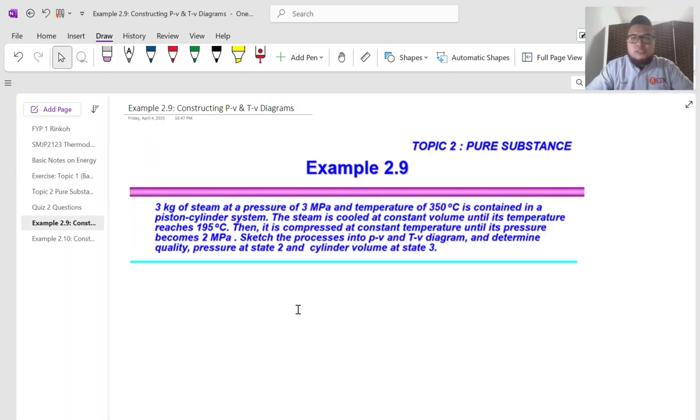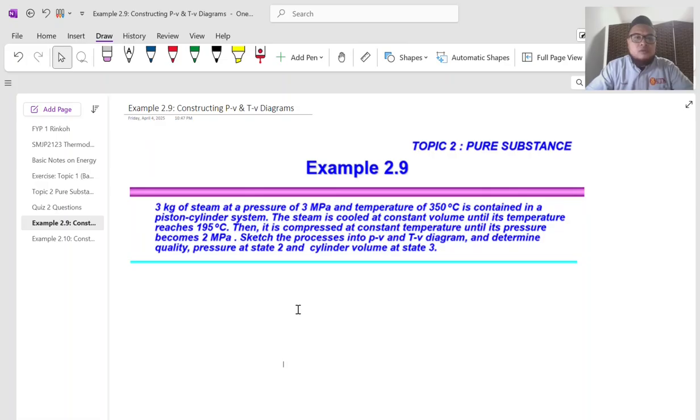So, continuing from the last lesson on pure substances, we are going to dive into applying our knowledge of using the property tables to construct PV and TV diagrams. Last time we went through what PV and TV diagrams are, how they look, and the critical points, critical pressure, and critical temperature.